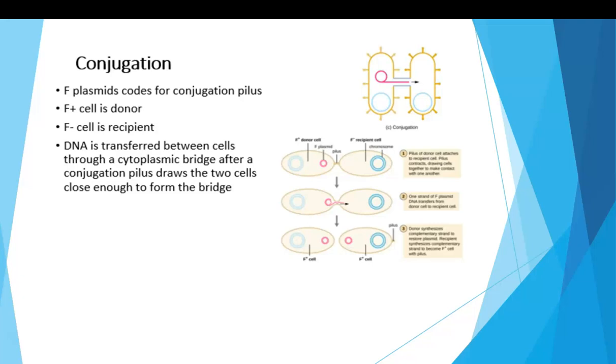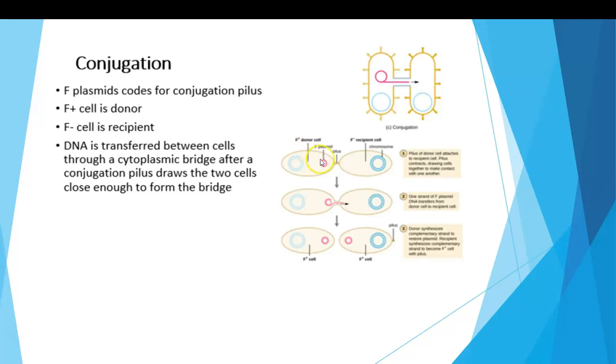Then we have conjugation, or bacterial sex, which is different from the fertilization that happens in eukaryotic cells. During conjugation, imagine we have two bacteria. If you remember pili or pilus, these are small extensions that you can find on bacteria.